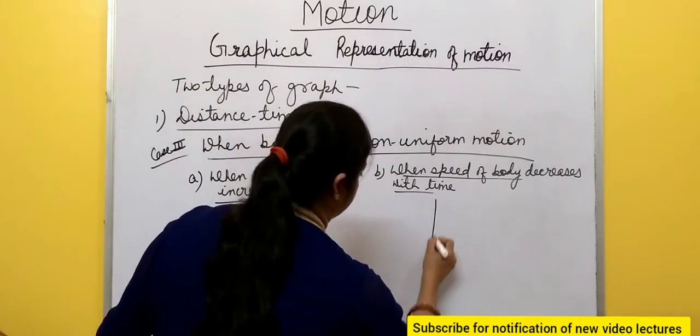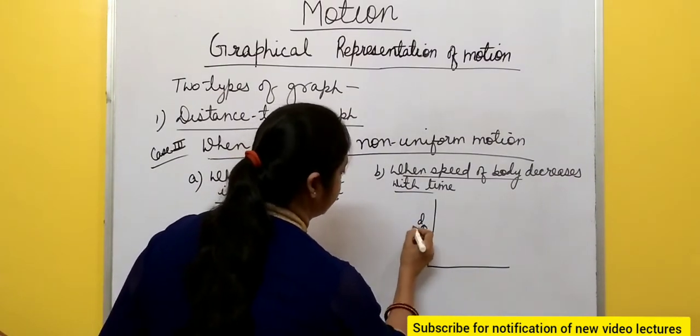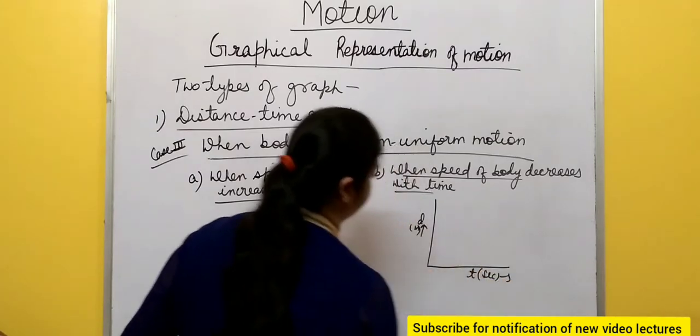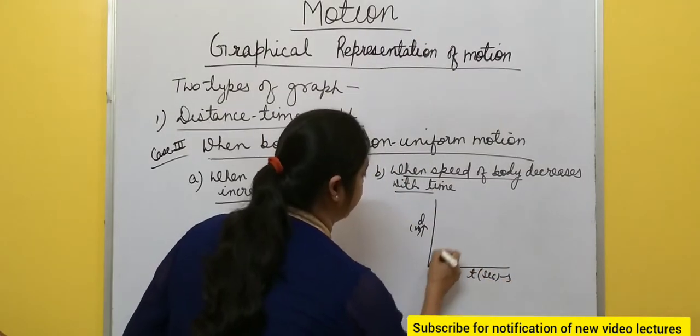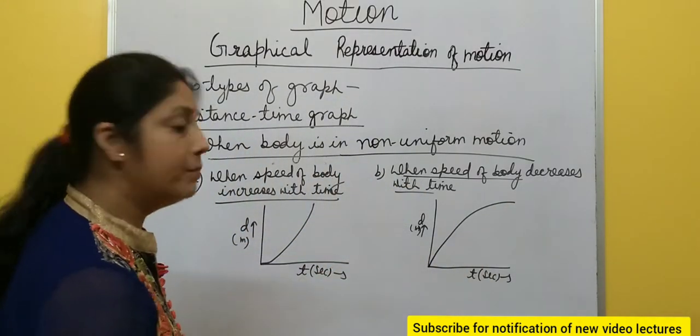And when the speed of body decreases with time, here this side is distance in meter, and time is in second, right? Here the slope is like this one. Okay, these are the two cases of non-uniform motion.